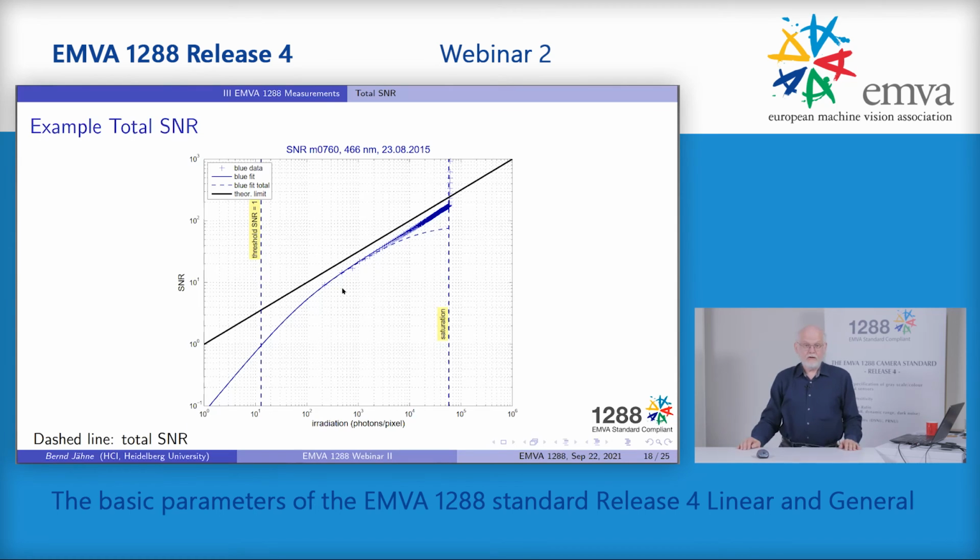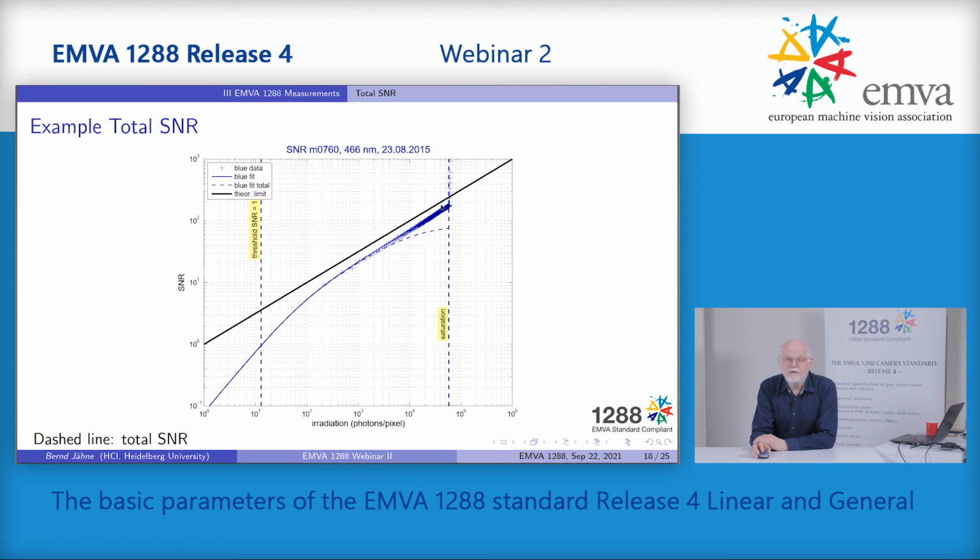Okay, now let me go to this essential parameter, back again the total SNR, because this, as I said, is the essential thing and you can get really almost everything out of an SNR plot. The SNR plot is done as a double logarithmic plot, and you will see always one line here which is the best possible image sensor, where you have no internal noise sources and also, of course, no non-uniformities.